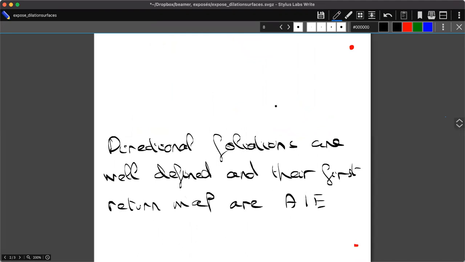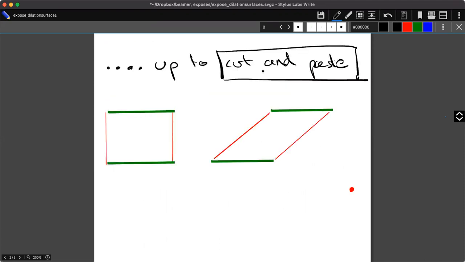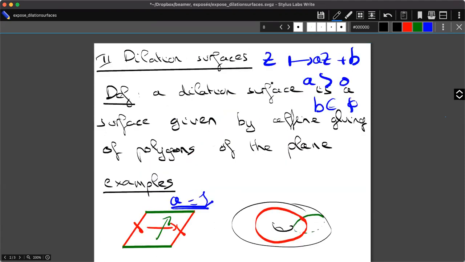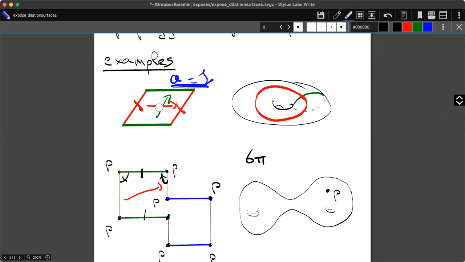geometric object, the dilation surface, there come naturally directional foliations, meaning that you have a very natural dynamical system on the dilation surface. For example, I will come back to the first example. You just want to consider the foliation induced by the vertical direction.